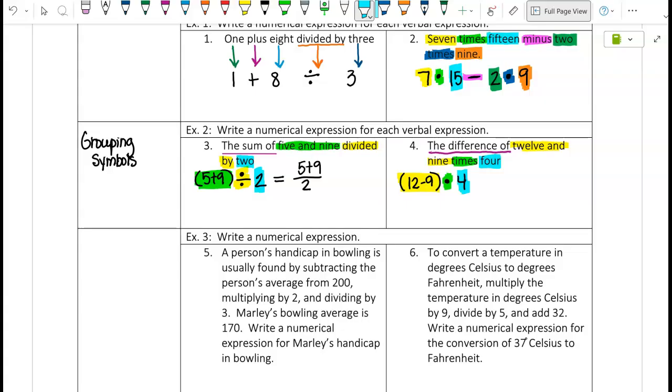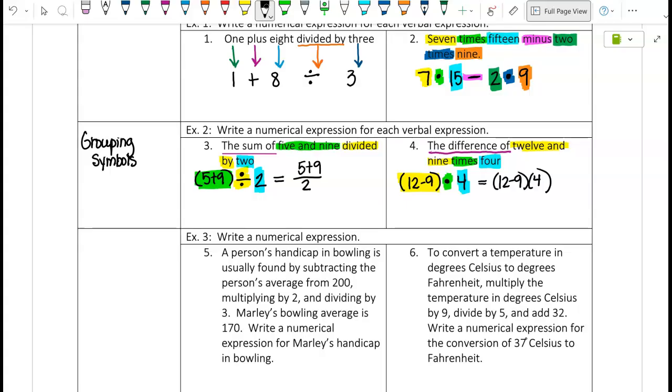But again, as we move on and get more advanced with our math, just like we don't use the X in multiplication, a lot of times we don't use the dot anymore. Another way we could write this would be parentheses 12 minus 9 parentheses 4. When you have two sets of parentheses next to each other, that's indicating multiplication.